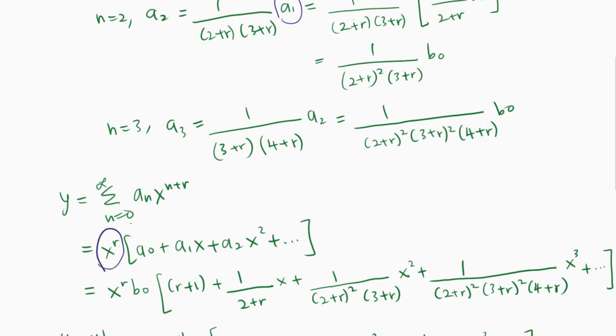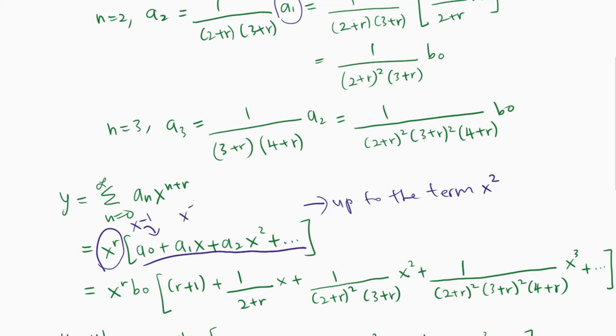So for this question, we have x power of -1, and we need to find the solution up to the term x power of 2. That means, let's say, if we expand x minus 1, multiply with all these terms here, that means when we multiply x minus 1 with x, we only get constant, right?